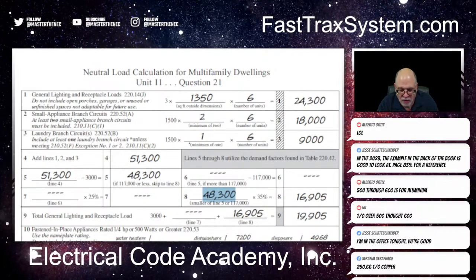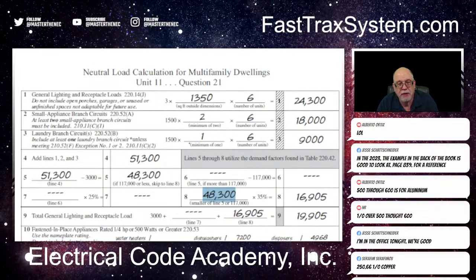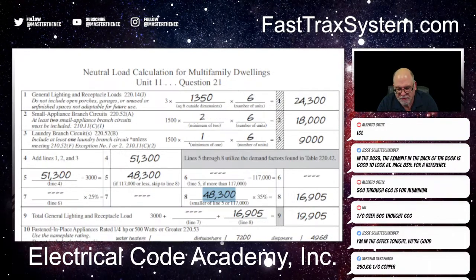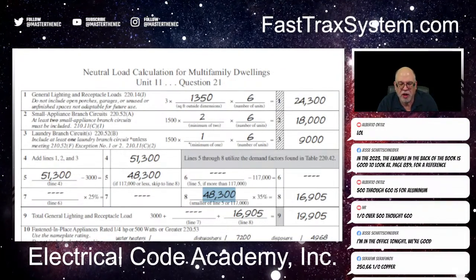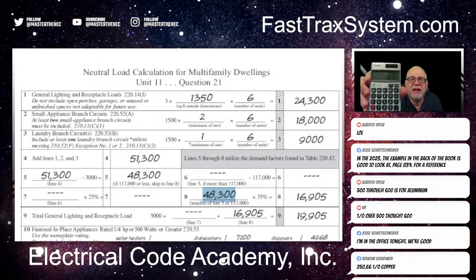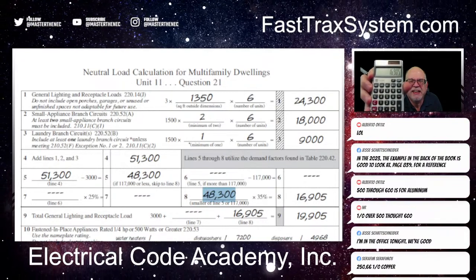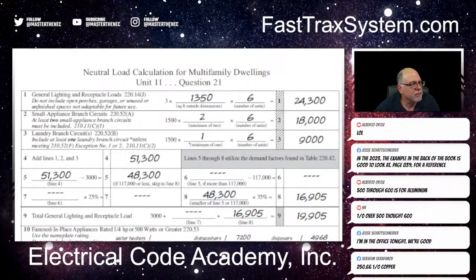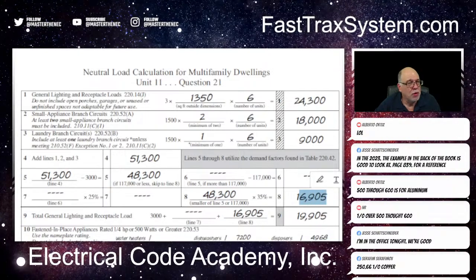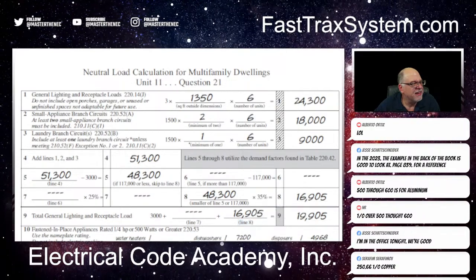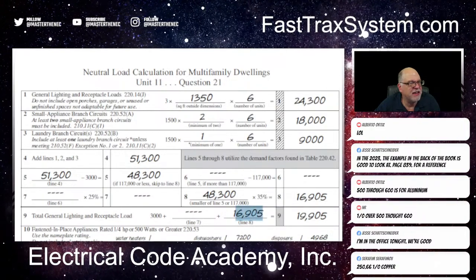All right, so 48,300 times 0.35 is going to give us 16,905. That's what we got right there. See it? Now, in our form, we drop that down because this says from line 8, and that's where we put the 16,905.